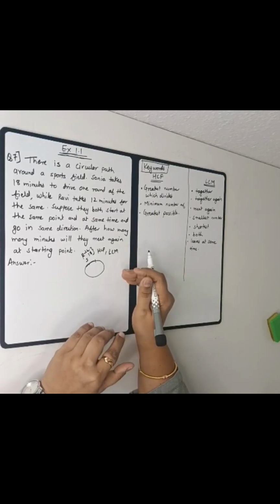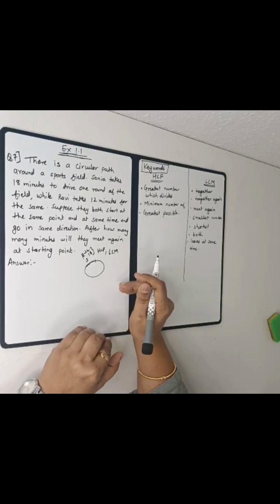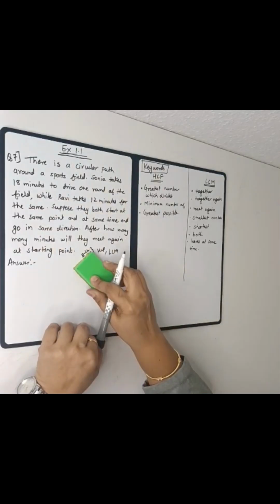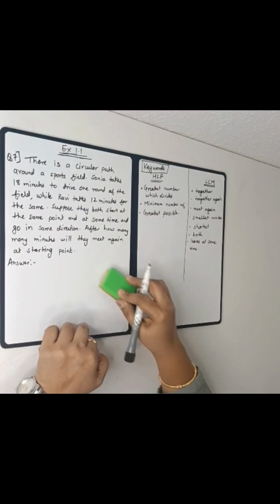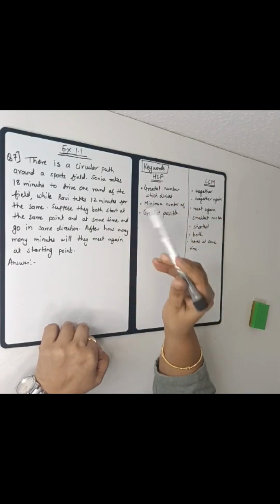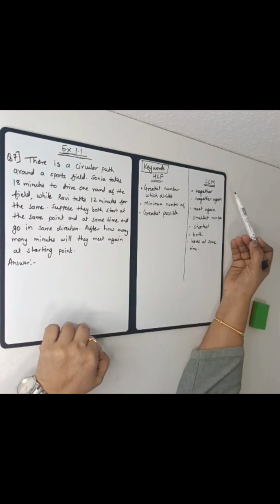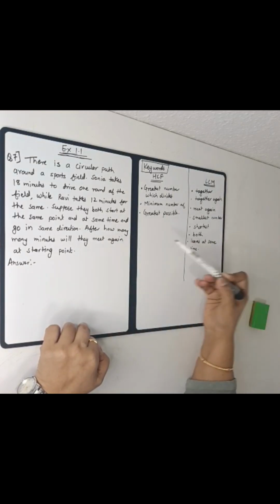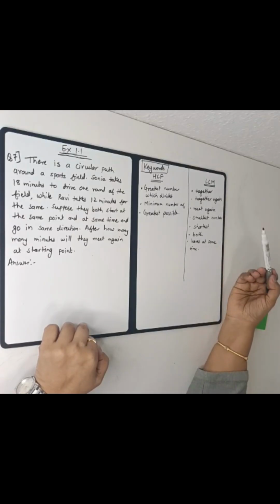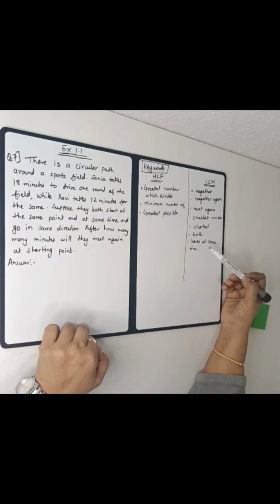Okay, one way of doing this type of sum is to understand the given word problem logically, and another way is by using keywords, which you can see I have written on the other side. Now see, I told you we have to do LCM in this sum. So see whether these keywords are there in the word problem. I can see together, meet again. I can see both, leaves at the same time.